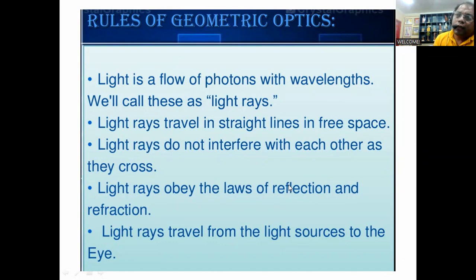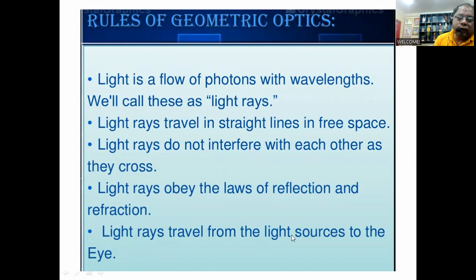So when light travels from one medium to another, there's always a change in its speed, and therefore light will bend in the process. So that's refraction. But for reflection, again, we just mentioned that it involves two principles within the law of reflection.